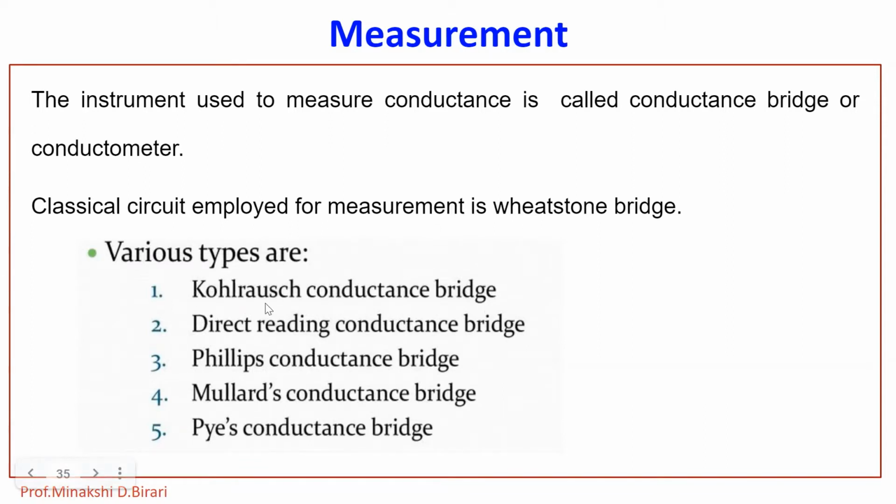These are Kohlrausch's conductance bridge, direct reading conductance bridge, Phillips conductance bridge, Mullard's conductance bridge, and Pye's conductance bridge. Let us see in detail the construction and working of the Wheatstone bridge, which is also useful to measure conductance.